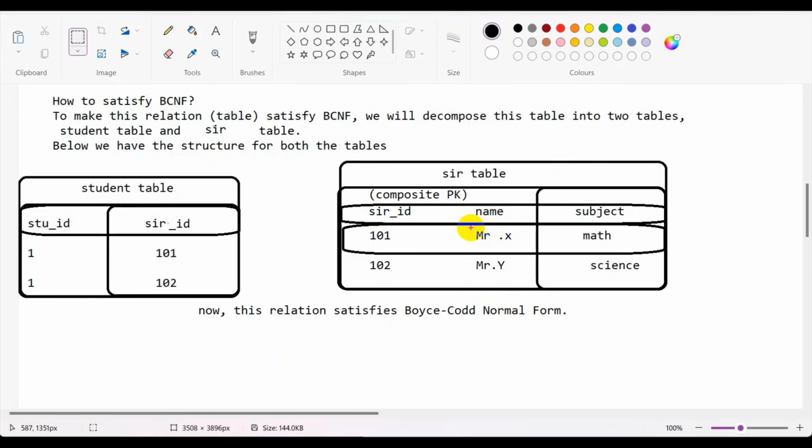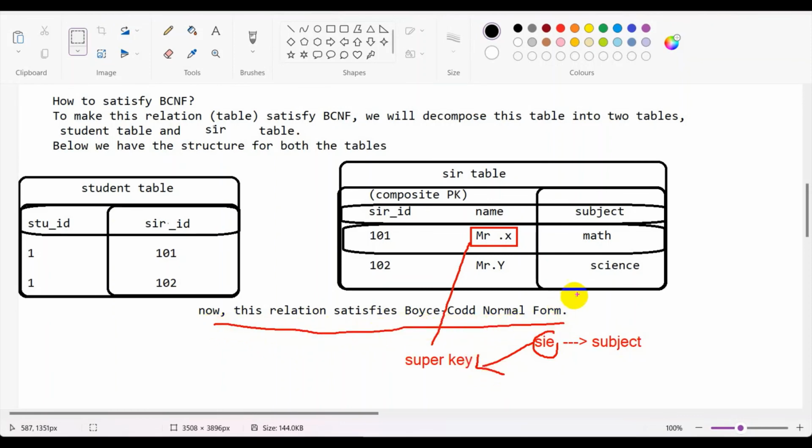By using this sir name, you can uniquely identify the record in this table. So we can say that the sir name column is a super key, and sir depends on subject, and sir is also a super key. That means now this relation satisfies Boyce Codd normal form.